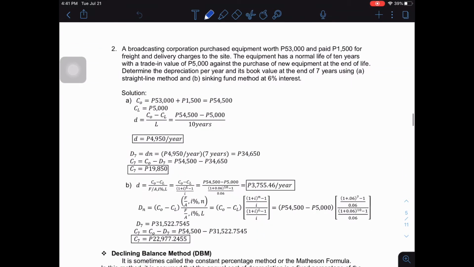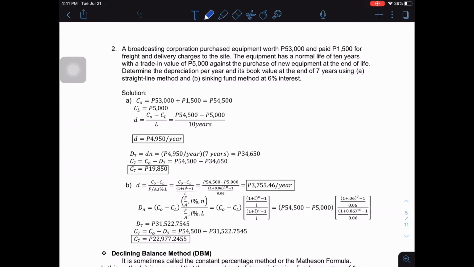Number 2, a broadcasting corporation purchased equipment worth 53,000 pesos and paid 1,500 pesos for the freight and delivery charges to the site. The equipment has a normal life of 10 years with a trade-in value, which is like a salvage value, of 5,000 pesos against the purchase of new equipment at the end of life.